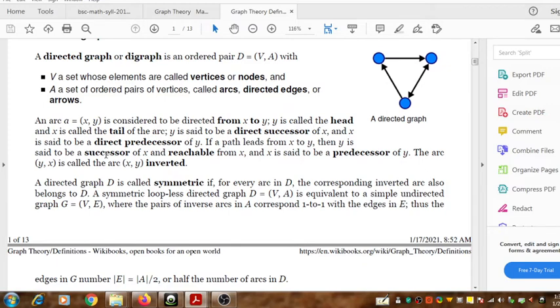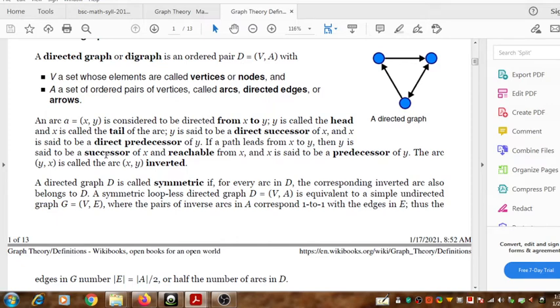If a path leads from x to y, then y is said to be a successor of x and reachable from x, and x is said to be the predecessor of y.